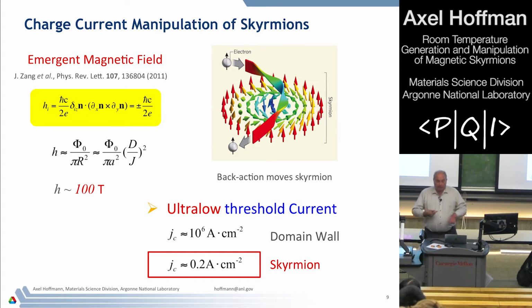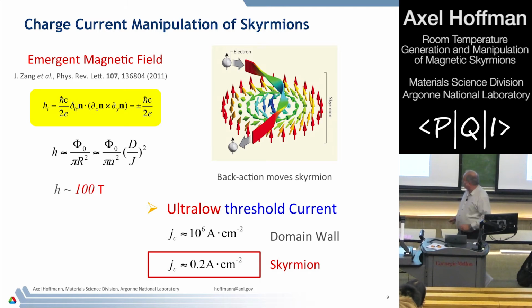And this emergent field is given just by the flux quantum divided by the areal size of these skyrmions. And it turns out that if these skyrmions are small, like a few tens of nanometers, these emergent fields are very big, of the order of 100 Tesla.